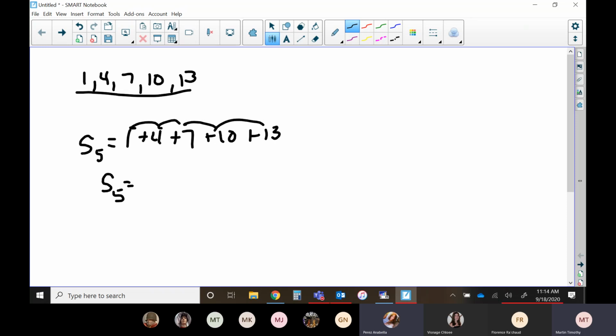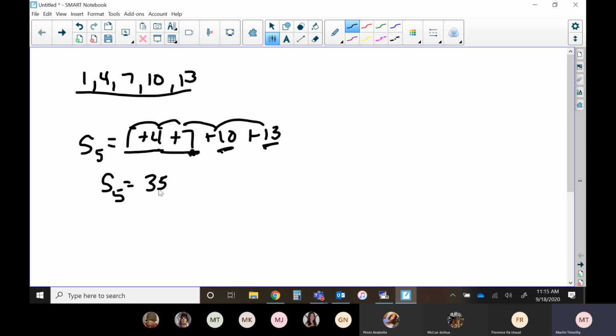We're adding them all together. 1 plus 4 is 5. Plus 7 is 12, plus 10 is 22, and then 35. Holy cow, that was a little harder than I was hoping. Can I have a calculator?